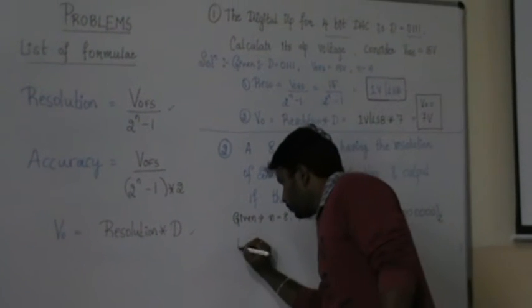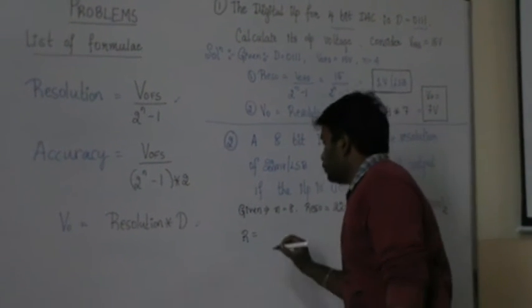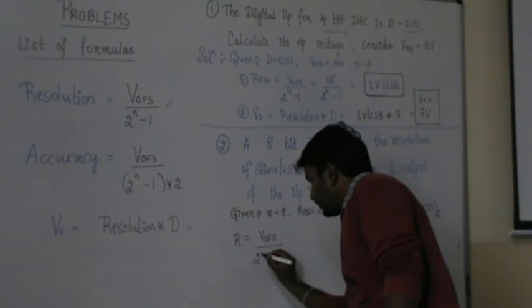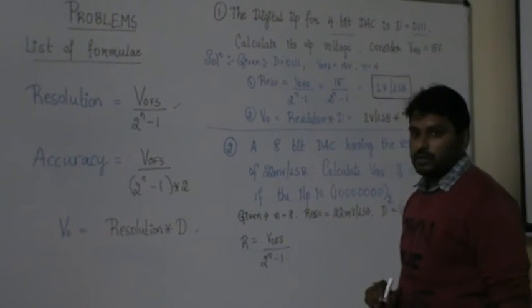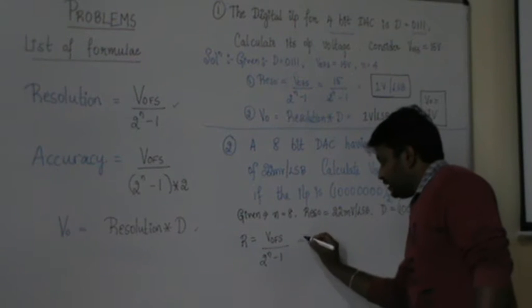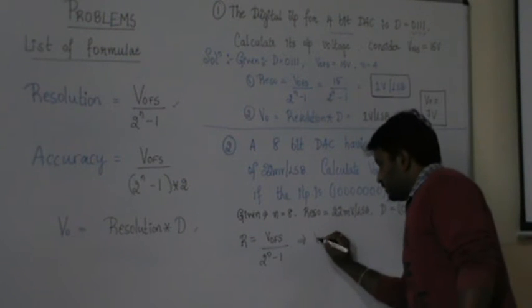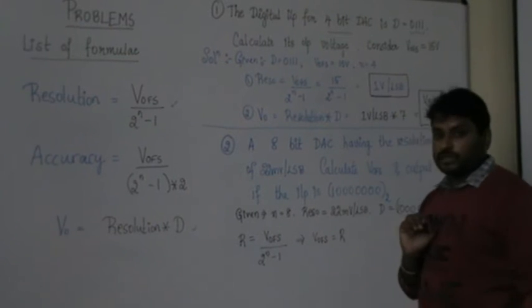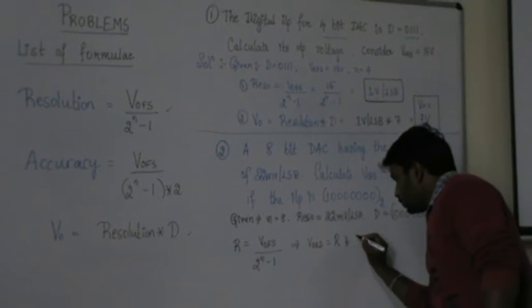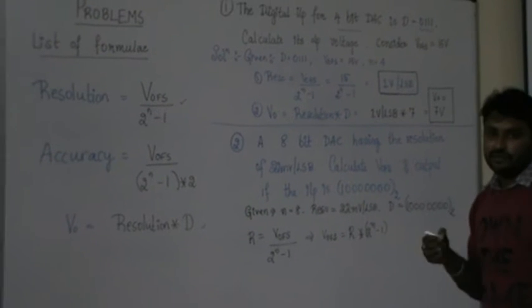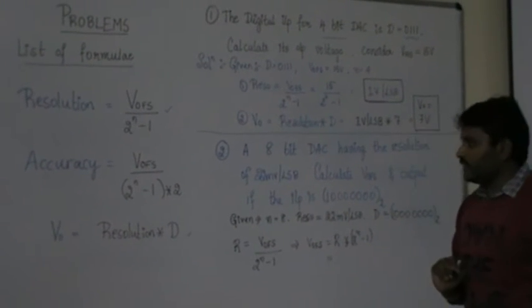Resolution is equal to V0Fs divided by 2 to the power of n minus 1. Since I want V0Fs, I will rewrite the formula as V0Fs is equal to R, where R is the resolution, into 2 to the power of n minus 1. Now what is the R value?